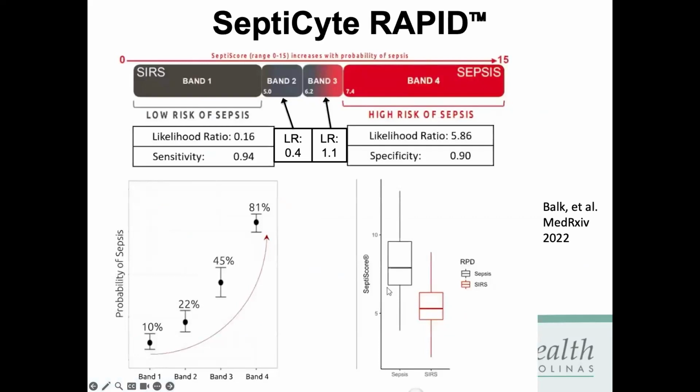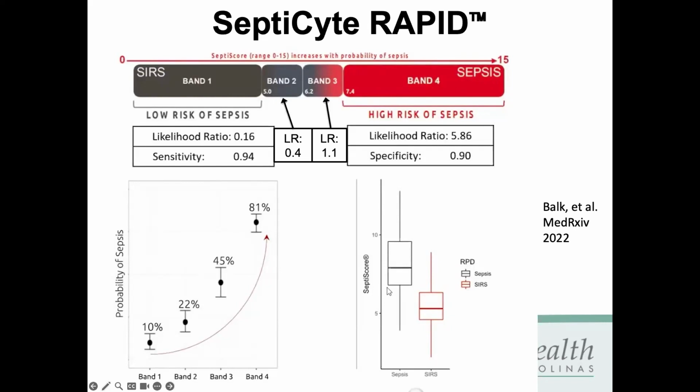And as Dr. Davis has previously demonstrated at least some of this in terms of the likelihood ratios, you do see, and I wanted to add for emphasis here, the likelihood ratio for band 2 is also low. 0.4 is not astoundingly low, but a very low likelihood ratio in a Bayesian world. So that is good. Band 3, as he alluded to, is a little bit in that nebulous zone where the likelihood ratio sits right around 1.